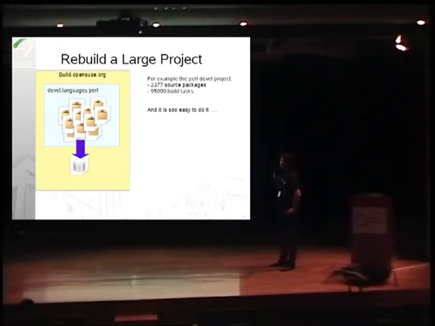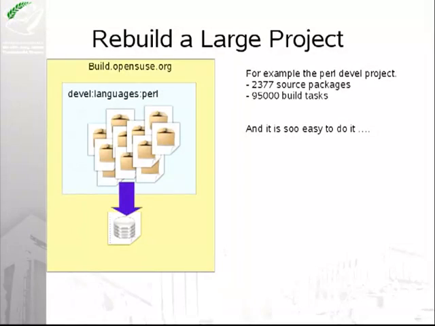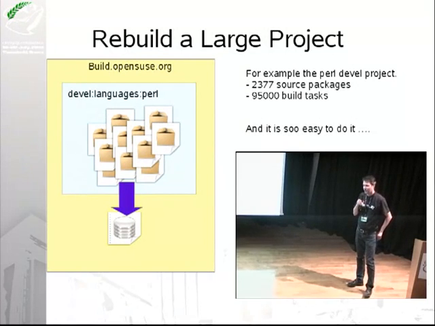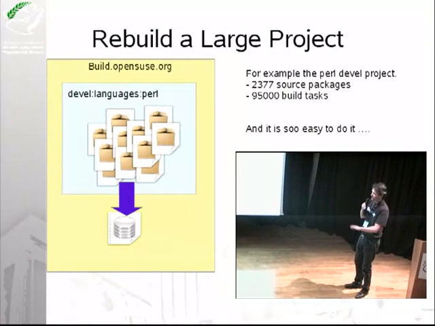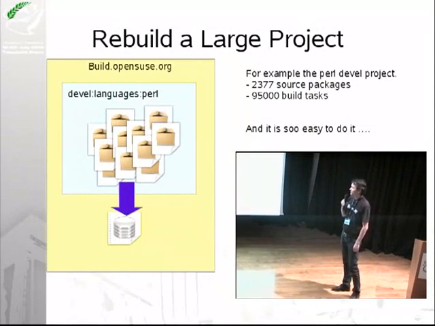And since it builds for many distributions, you see from these 2,000 source packages, when we want to rebuild everything, we start about 95,000 build tasks. So a deep change there, for instance, a new Perl interpreter or some base package which changed, it launches so many build tasks.